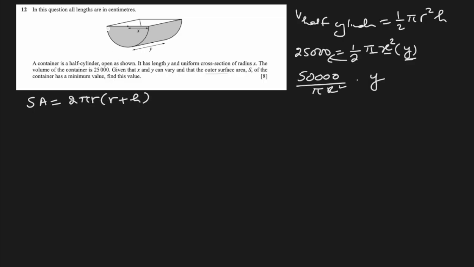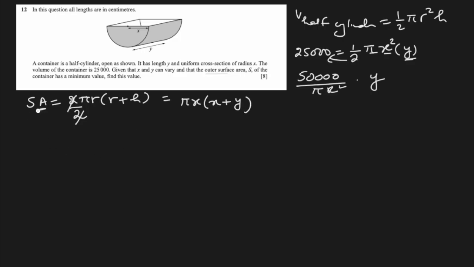But since this is half of that cylinder, nothing additional, nothing less, just cut in half, so we'll divide it by 2. In this case, r is x, so we will write pi x, x plus y, right?